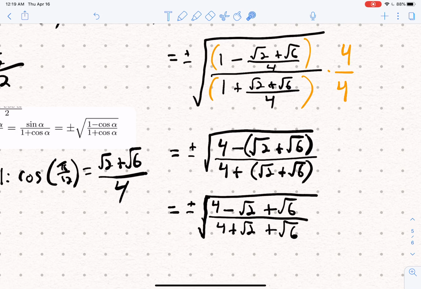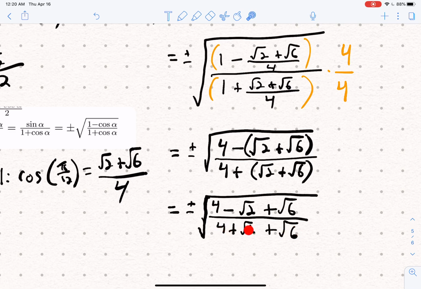Okay, what we'd like to do is get rid of these radicals down here. And in order to do that, the usual idea would be to take this and multiply by the conjugate.